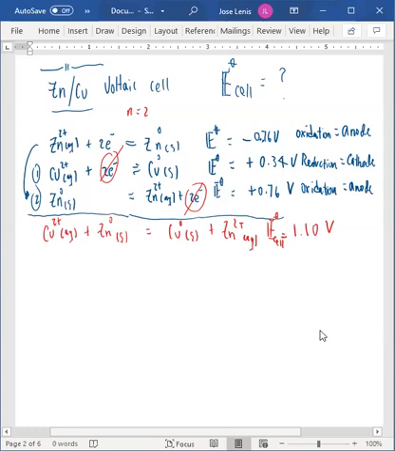For example, for the oxidation, you can write this information also as, for example, you want to say the standard potential for the oxidation of zinc 2+ to zinc metal equals negative 0.76 volts.